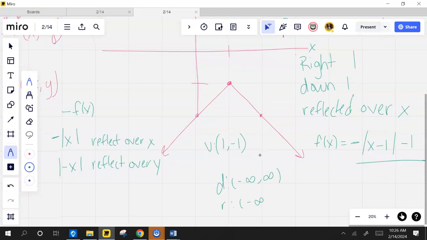The range is negative infinity to negative 1. That's exactly right. Do you think you can do these? No? Okay, which part don't you understand? For the ones we're working with, we're just looking at the absolute value and the quadratic, not even the linear.